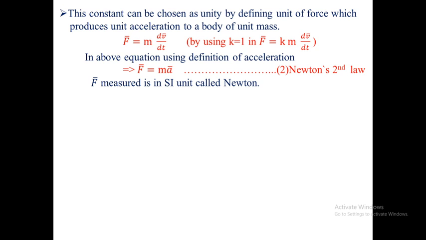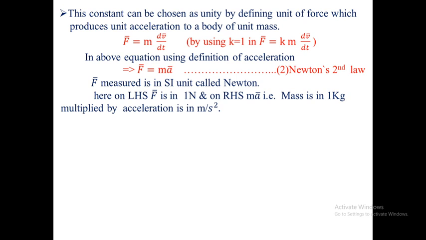Now here F bar is force and it is measured in Newton, and this Newton is the SI unit of force. So we have to define 1 Newton. So what is 1 Newton? If on the LHS force is in Newton, then the quantities on the RHS should also have the same units. That means if force we define as 1 Newton, then on the RHS there is M into A, that is mass into acceleration.